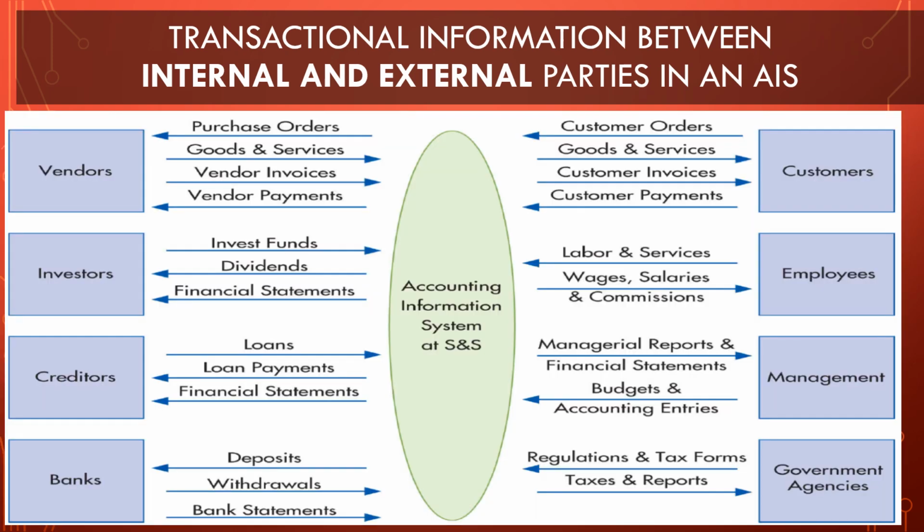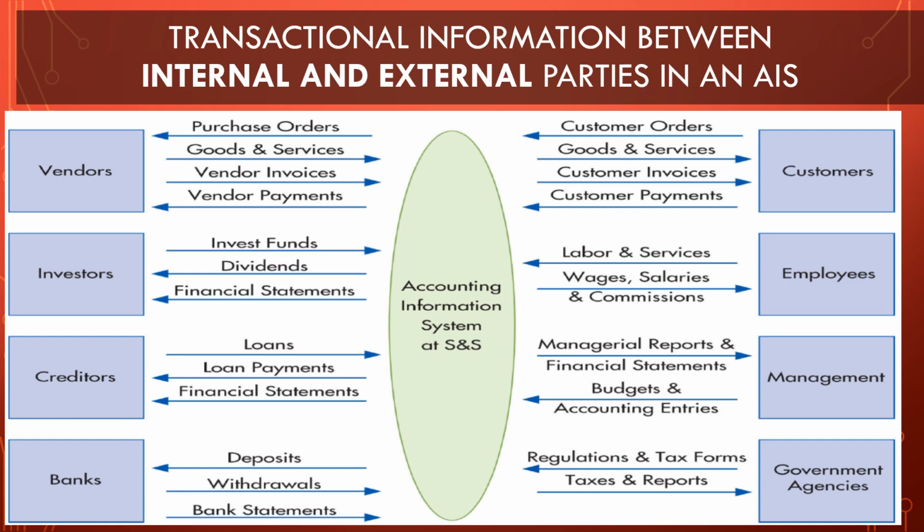Again, we bring this diagram just to simplify and recall the flow of information for each party, either internal or external. We have vendors, investors, creditors, banks, government agencies, and customers. Those are all external parties, whereas employees and managers are internal parties, and we can see the flow of the information.